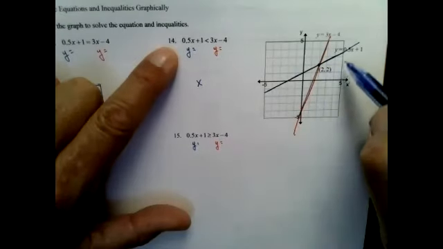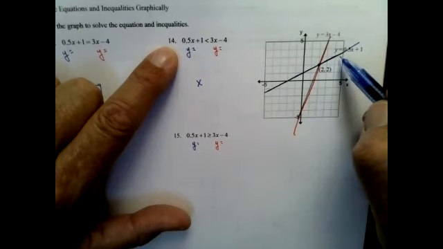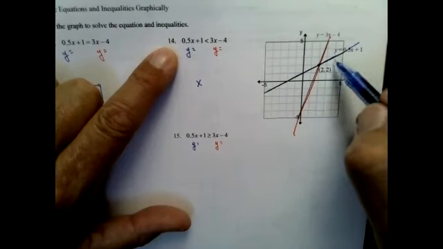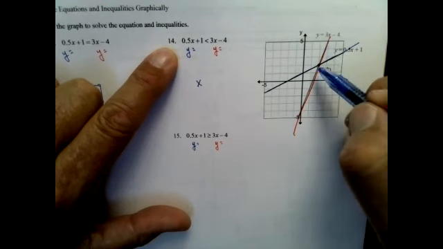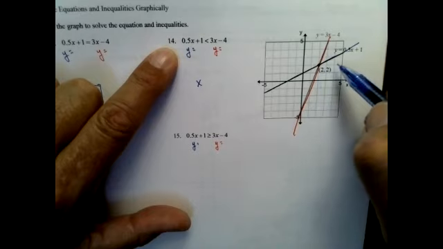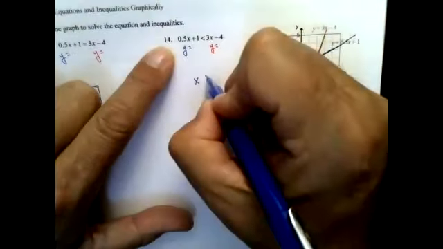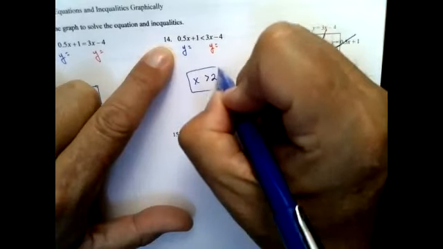I want, when is the blue line smaller than the red line? So these y values are now smaller than these red line y values. So from this point on, the blue y values are smaller. So when x is greater than 2.